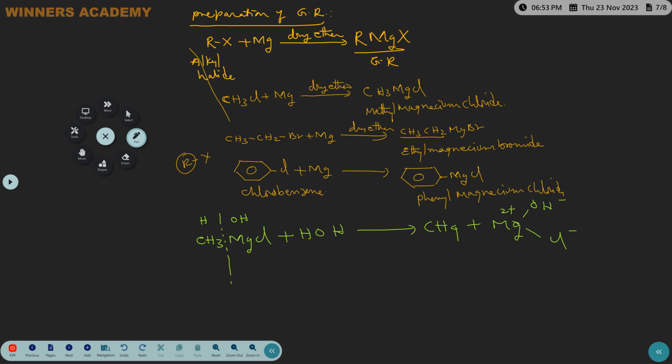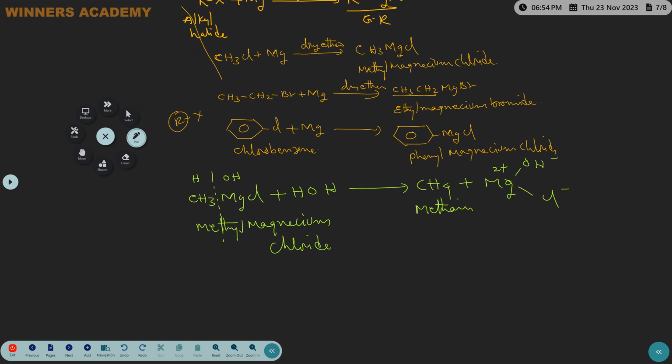Okay, like that. This is methane. Methane is prepared like this from Grignard reagent, methyl magnesium chloride. When methyl magnesium chloride is subjected to hydrolysis, this reaction is called hydrolysis.